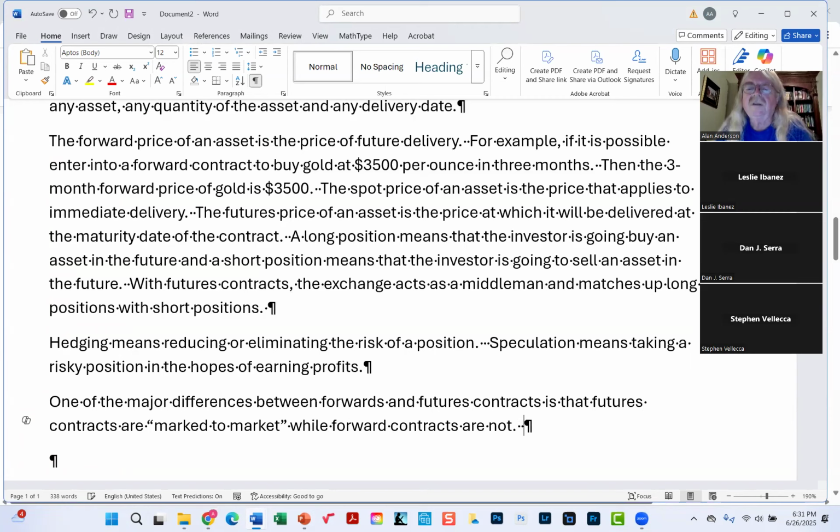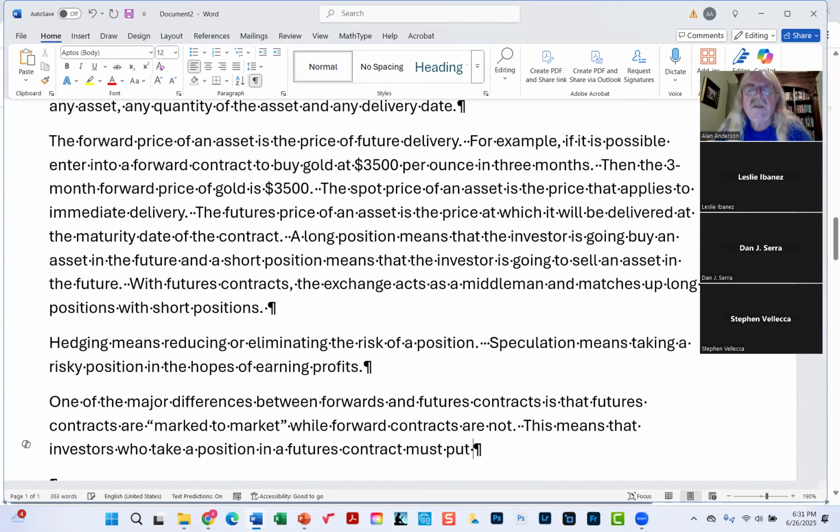All right, so remember how that works. This means that investors who take a position in a futures contract must put up funds into a margin account. These funds act as a form of collateral.